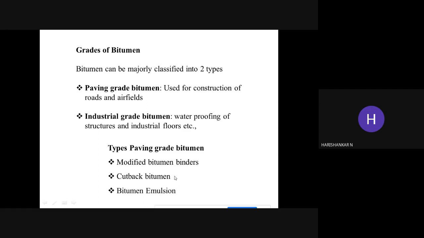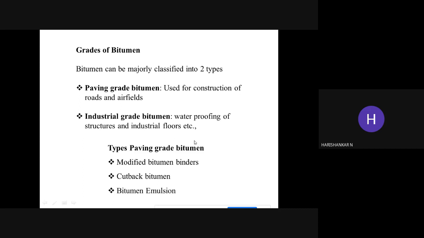For that purpose you have three types of cutback bitumen, which we already discussed yesterday: rapid curing, slow curing, and medium curing bitumen. For all these you have to use different chemicals, like kerosene, naphtha, and benzene. You can use different things, just as solvents, but these are not really solvents.